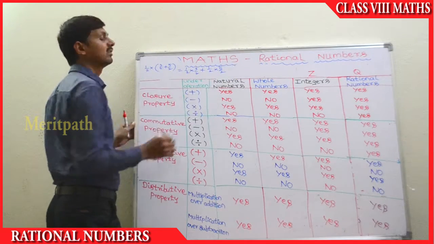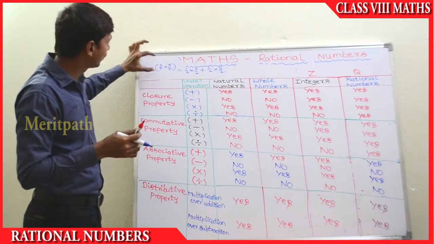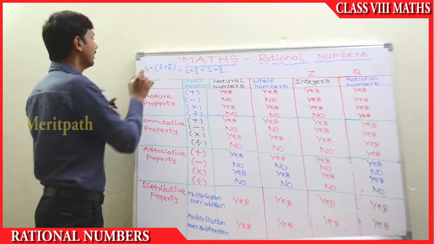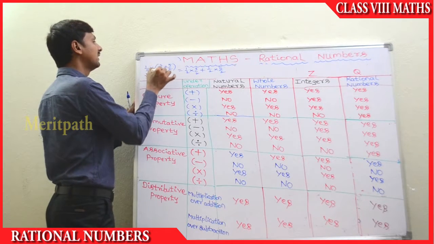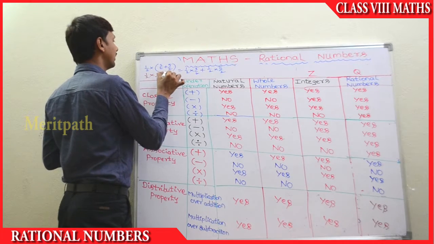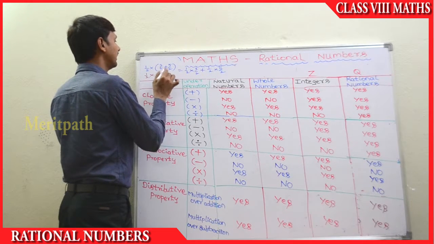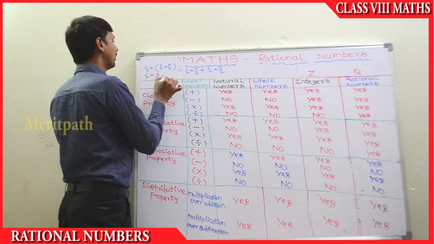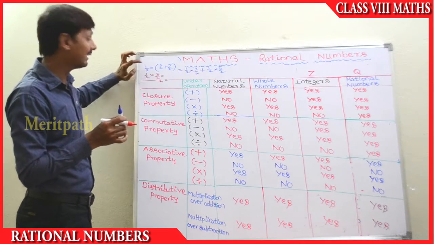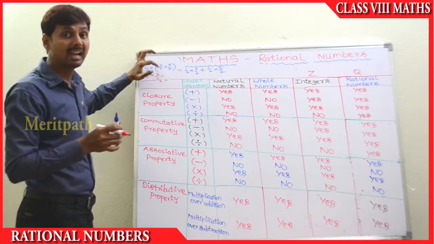We have distributed this 1 by 2 over these two values. Let's see whether these are equal or not. Simplifying, we get 8 by 2, and 1 by 2 into 8 by 2 is 8 by 4, which is 2.